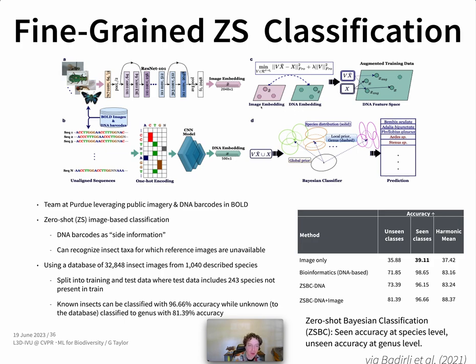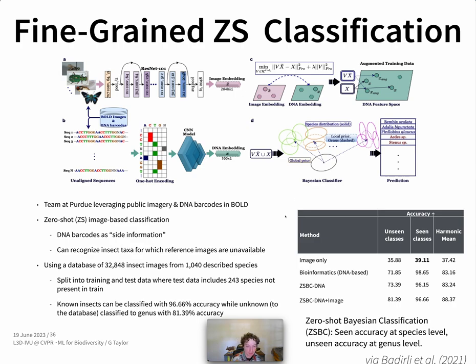And so they have a hierarchical Bayesian classifier that at test time can accept unlabeled images, and a test sample can be assigned to one of the described species that we're seeing at training time, or assigned to an undescribed species that is flagged with its genus, again, the next level up in the hierarchy.